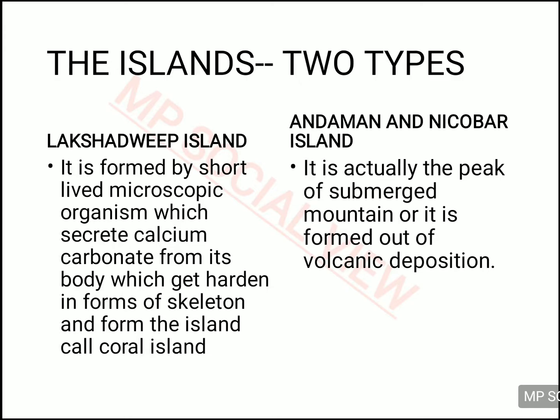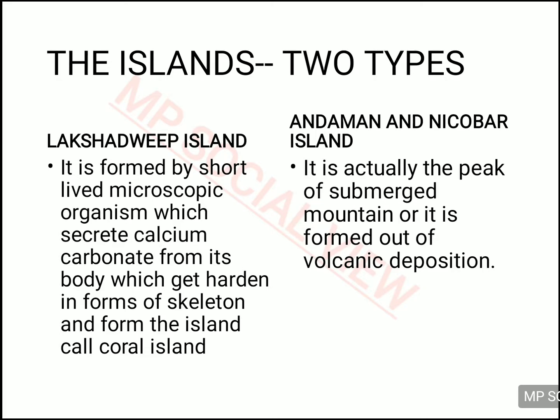On those peaks which look like land on the ocean, people went and settled down, and this way the Andaman and Nicobar Islands were formed. This is formed either by the peaks of the mountains inside the ocean, or there is another way also. Maybe there are many volcanic eruptions inside the ocean.